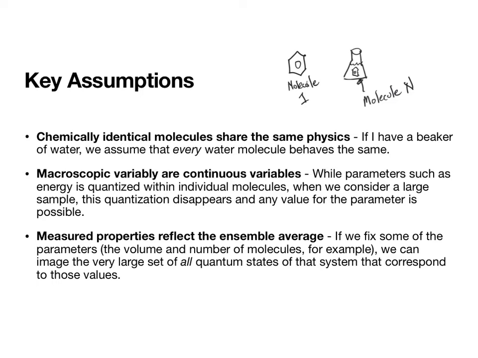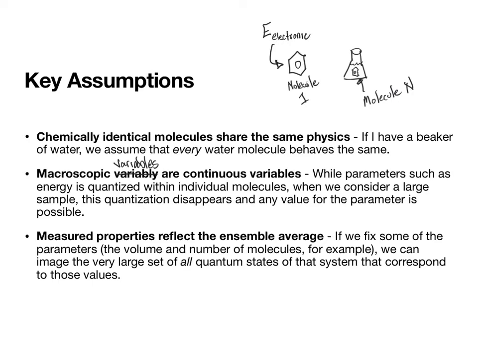We also make the assumption that macroscopic variables are continuous variables. So while parameters such as energy are quantized within individual molecules, remember how we said that our electronic energy for our benzene molecule can only have certain energies?